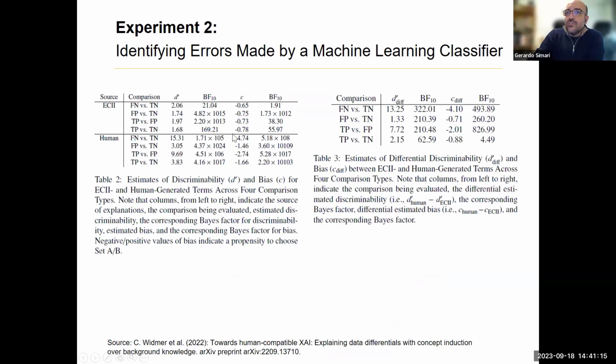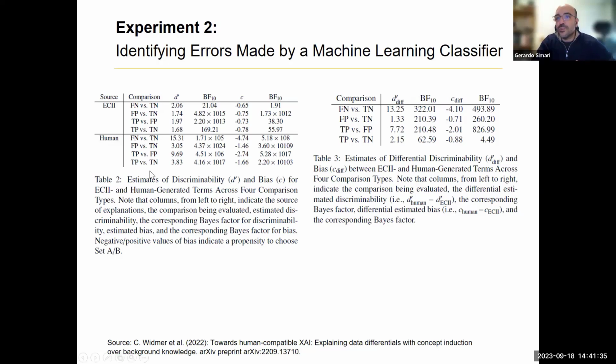Here we also have the estimates of discriminability and bias. They also looked at bias to see if there was a tendency to return an answer biased towards one class or not.